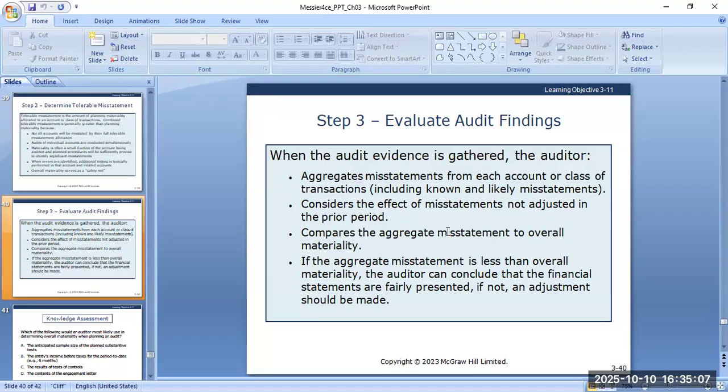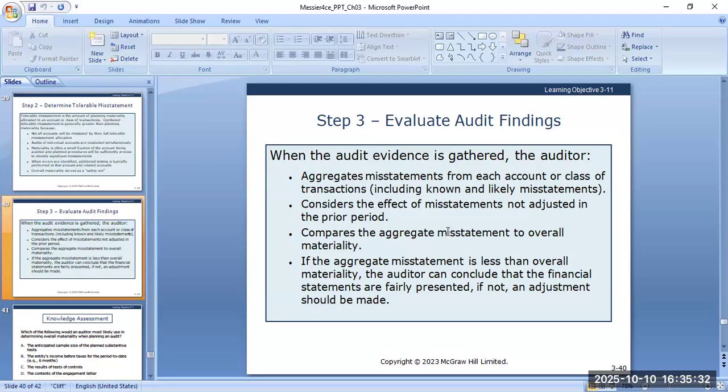When the audit evidence is gathered, we're going to see whether we have aggregate misstatement from each account or class of transactions. We're going to consider the effect of the misstatement not adjusted in the prior period, if there's any.